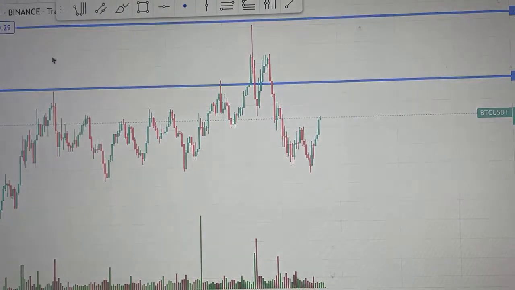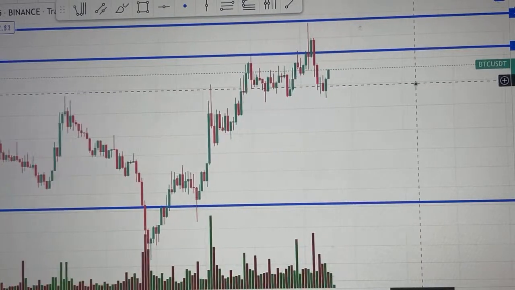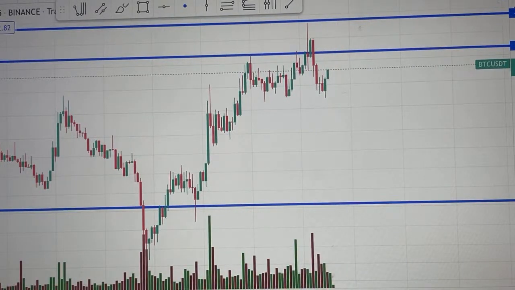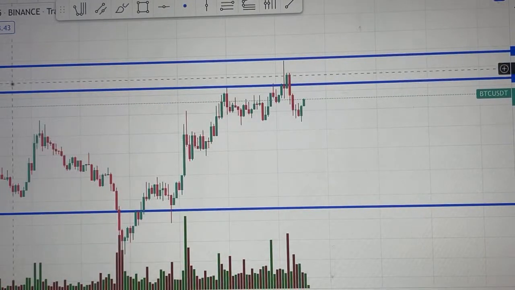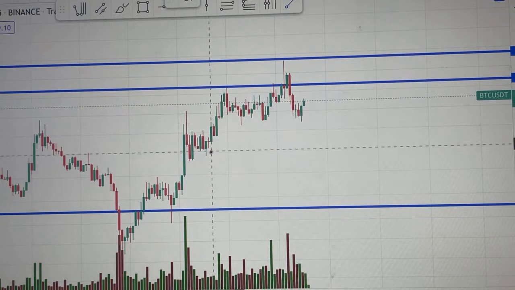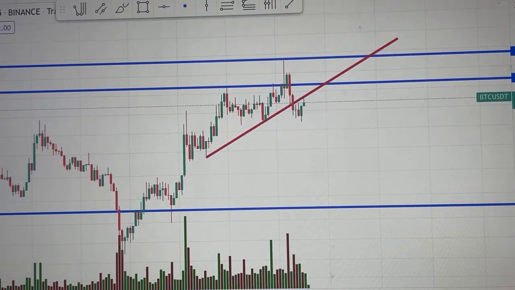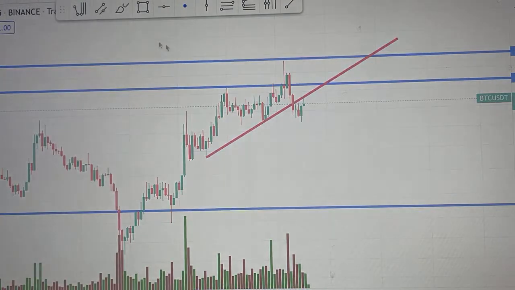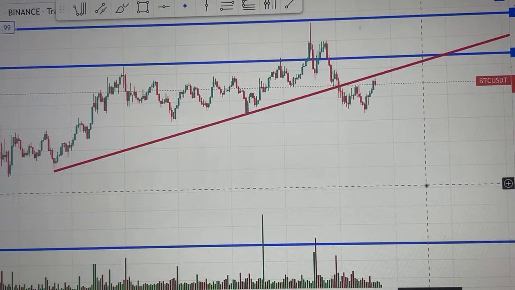Let's check other time frames, like 5 minutes. We are getting rejected from this trend line.